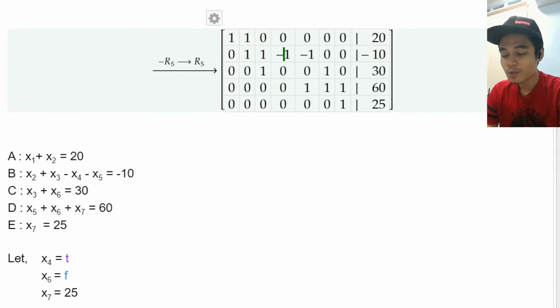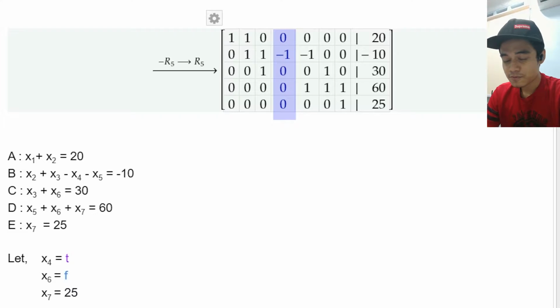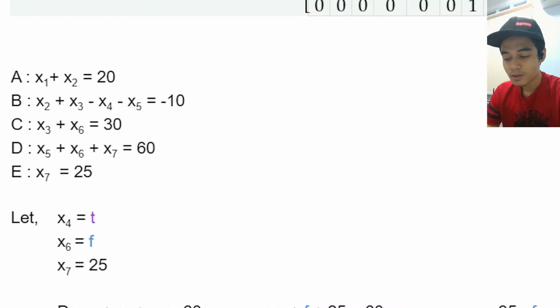Next step, we will turn the matrix into a linear system of equations. As you can see, in x4 and x6, there is no leading one. Hence, they are free variables. We can represent them with parameters, that is, for x4 is t and x6 is f.